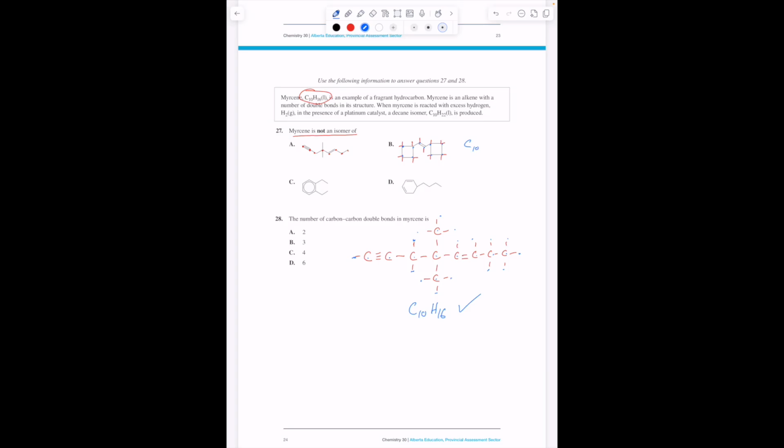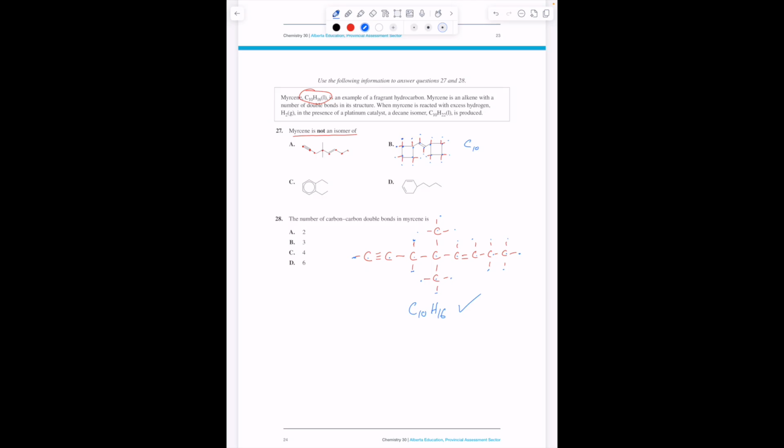C10. H is 1, 2, 3, 4, 5, 6, 7, 8, 9, 10, 11, 12, 13, 14, 15. C10H15. I must have missed one somewhere. That doesn't seem right. Oh, right there, I didn't put one. Let's make sure.